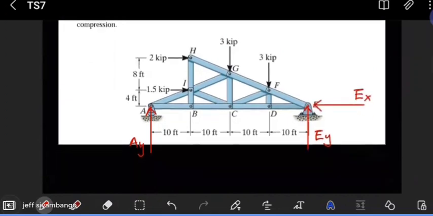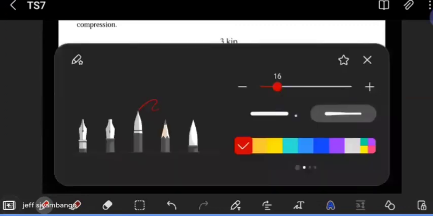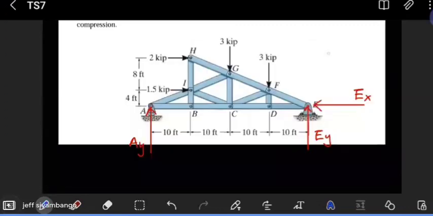Then for that structure, you can actually just redraw it. And when you're redrawing it, you don't have to draw every single detail. You can actually just draw the outline. Once you have that, then show the forces, and also show those reaction forces.